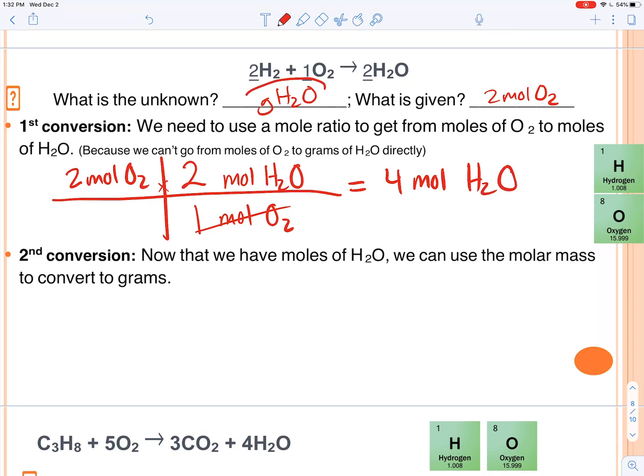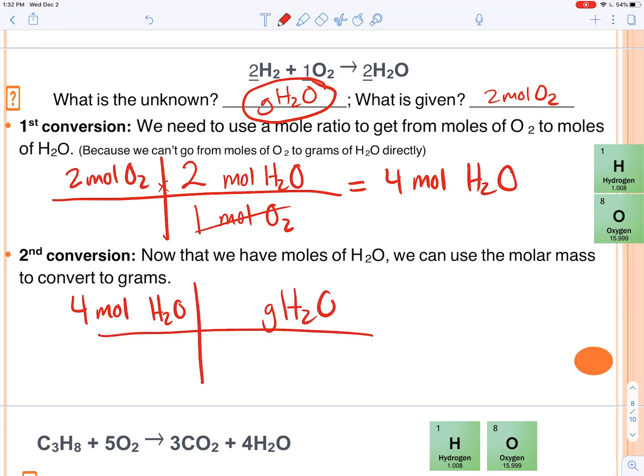But again, the question's not asking for moles. We are trying to get grams of water. So we're going to have to take that number and do one more conversion. We're going to have to convert that to grams of water. So this is simply multiplying by the molar mass. We've done this before. And so you want to add up 2 hydrogens and 1 oxygen.